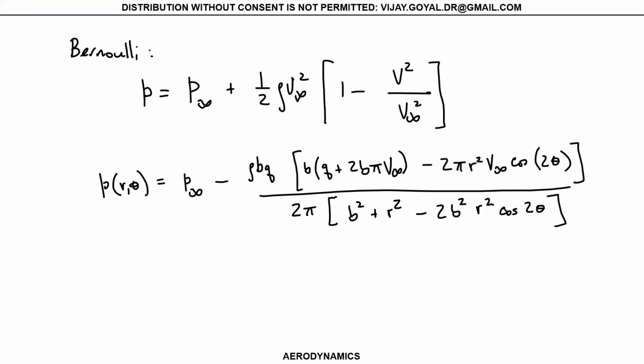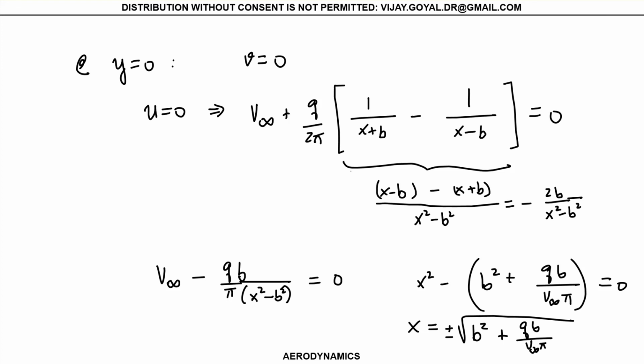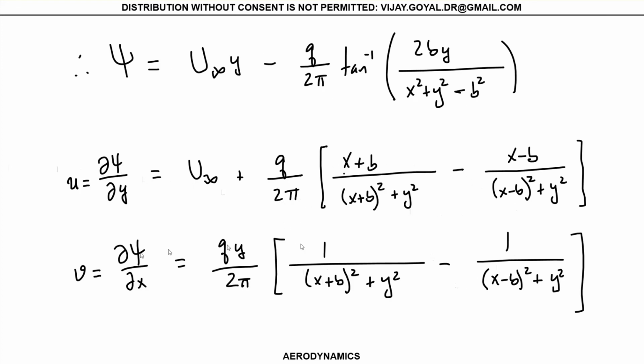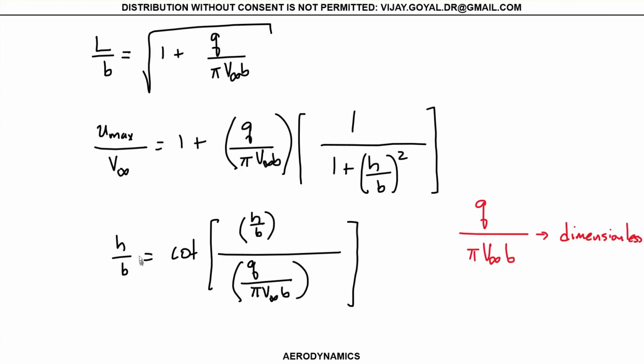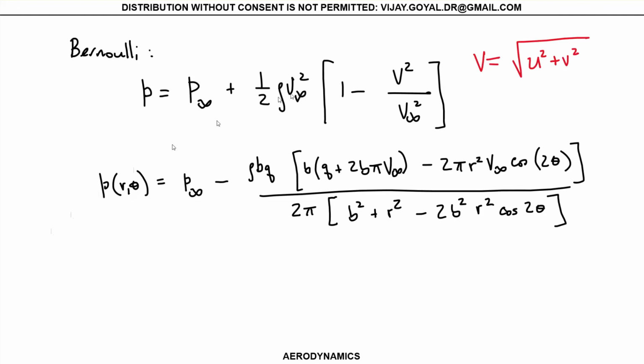So the pressure is given by using the Bernoulli's equation. And we derived this in class. And remember, your V is going to be nothing else than the square root of U squared plus V squared. And if I take all this big expression and plug it inside there, you're going to find that you get this big mess here.